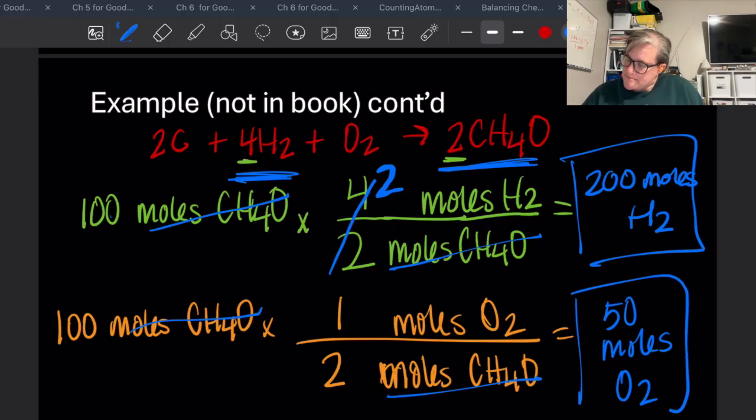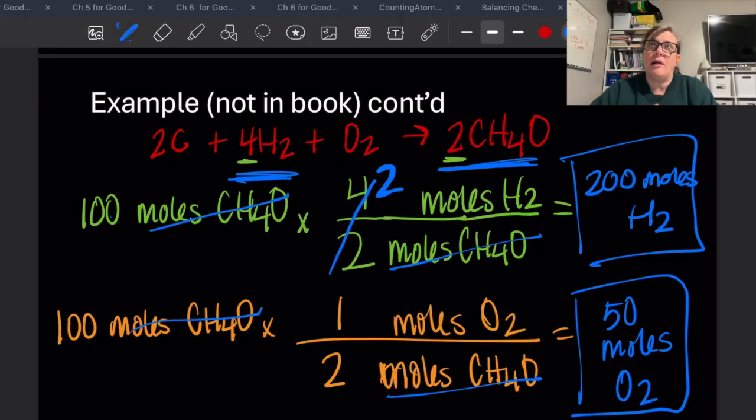Okay? So basically, when we're doing these problems with these ratios, it's very similar to scaling up a recipe, like if you like to bake, okay? So say I'm going to make some muffins from scratch. And a regular muffin recipe makes 12 muffins.